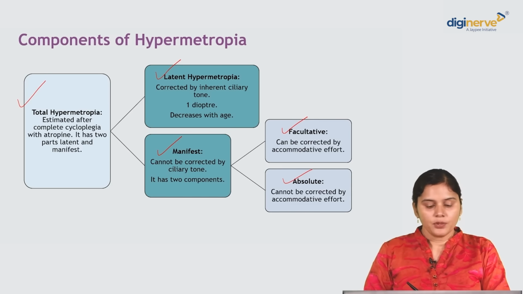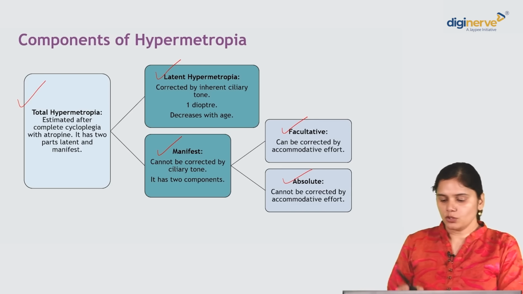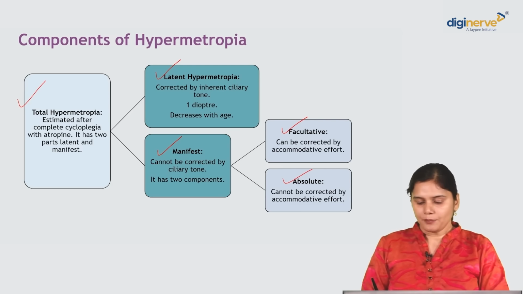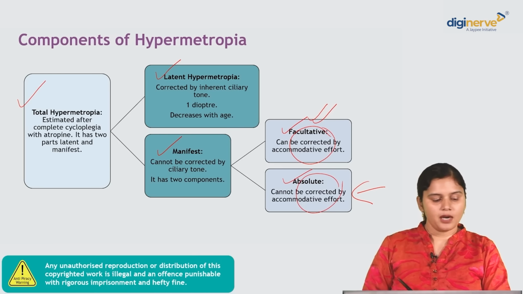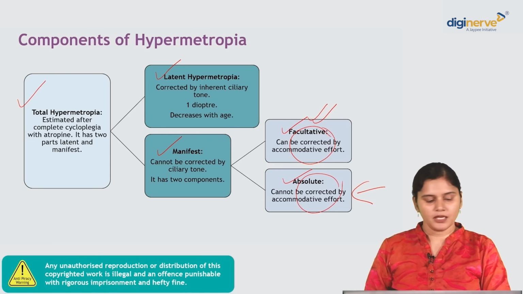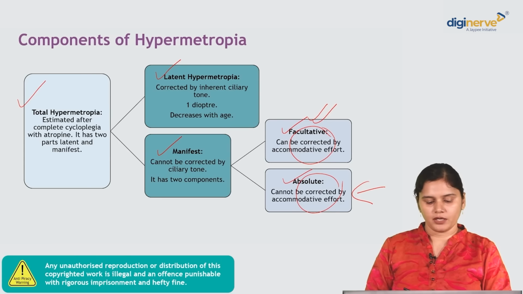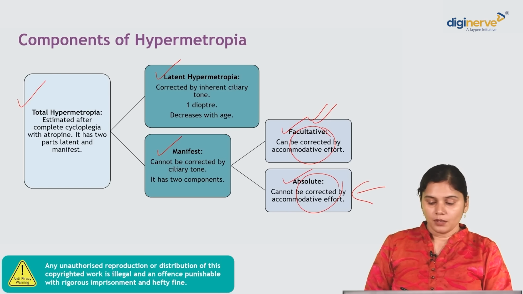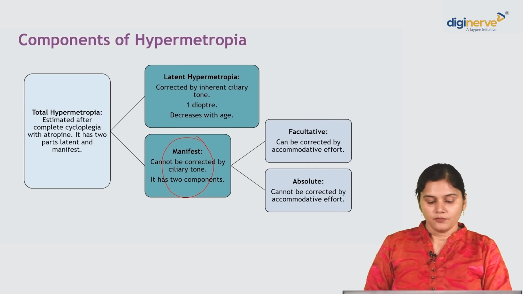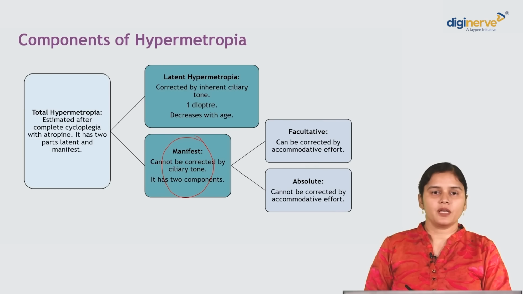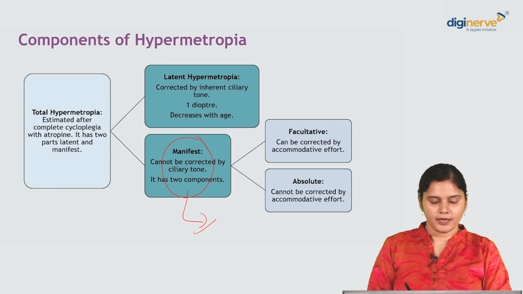When a person presents to you, he actually presents with absolute hyperopia. There is a part which he is correcting by his own accommodative effort, that is the facultative hyperopia, and absolute hyperopia is the part which is left and cannot be corrected by the person's own accommodative effort. When you combine these two, it becomes manifest hyperopia, which is the hyperopia we need to correct.